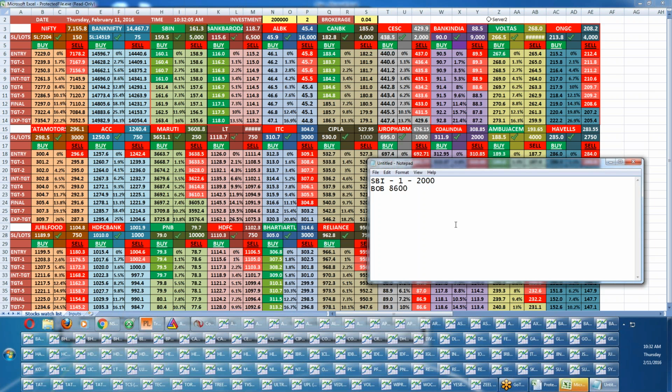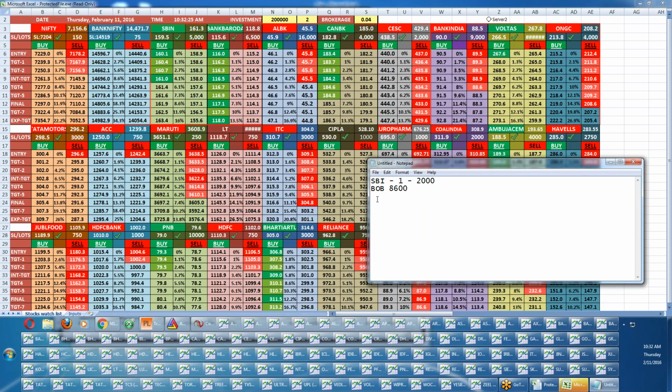ALBK we'll just ignore it. Morning we had that stop loss, buy sell. Canara Bank, 183.40 is your entry. Now it is at 185.